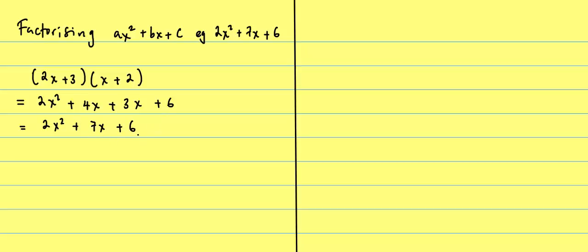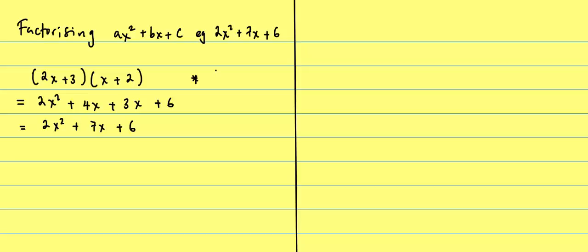You will notice that 2x squared plus 7x plus 6 is actually equivalent to 2x plus 3 multiplied by x plus 2. So we say that this line here is the factor form of 2x squared plus 7x plus 6. Now, the focus of this tutorial is to try and reverse this process.